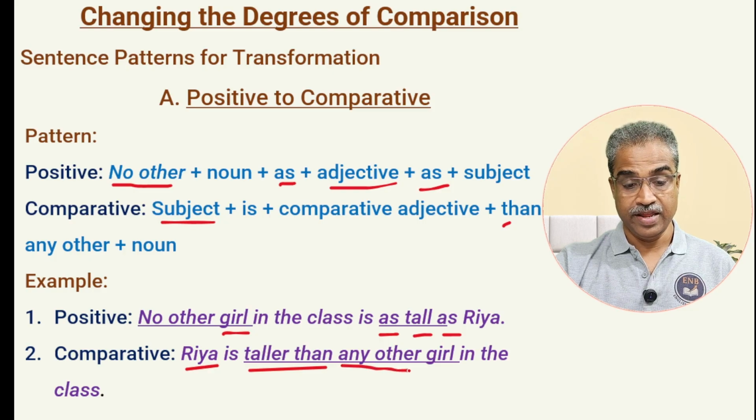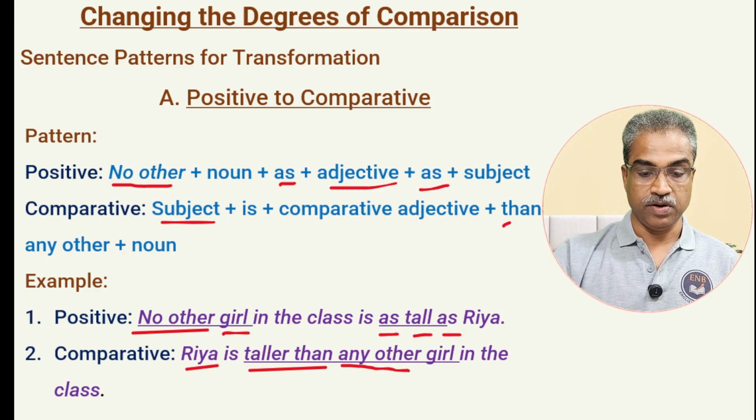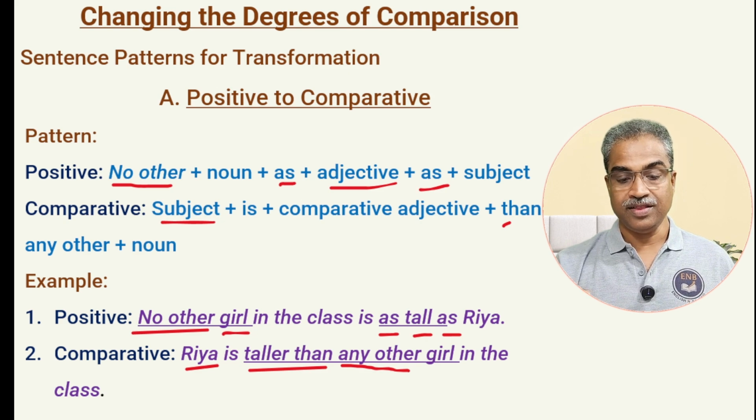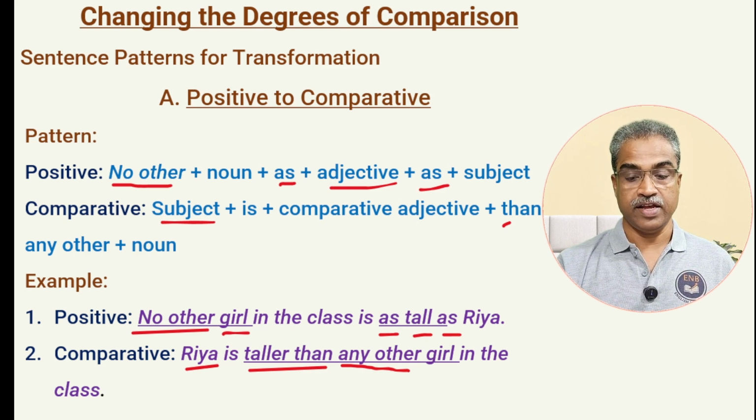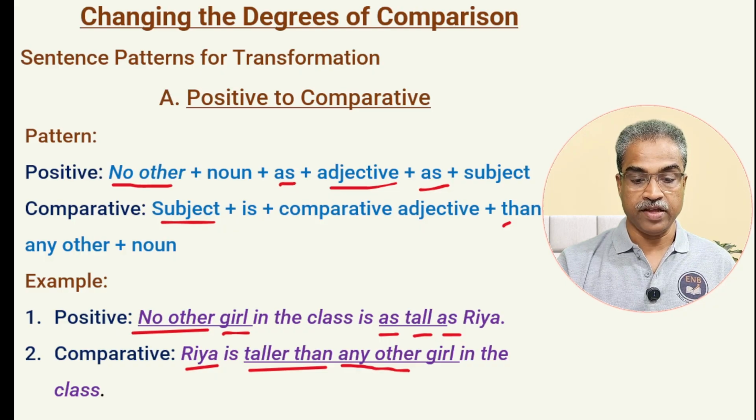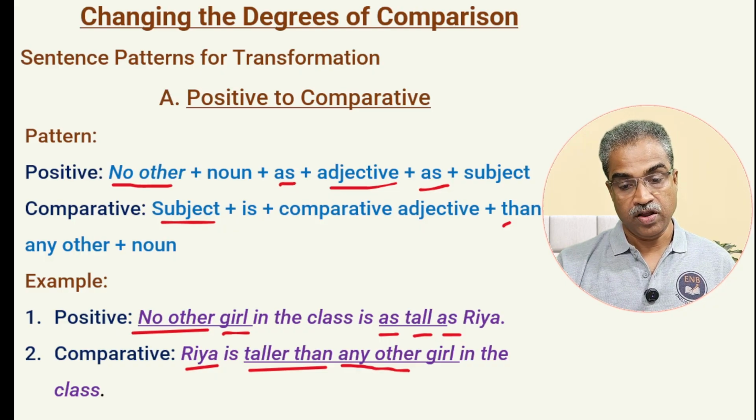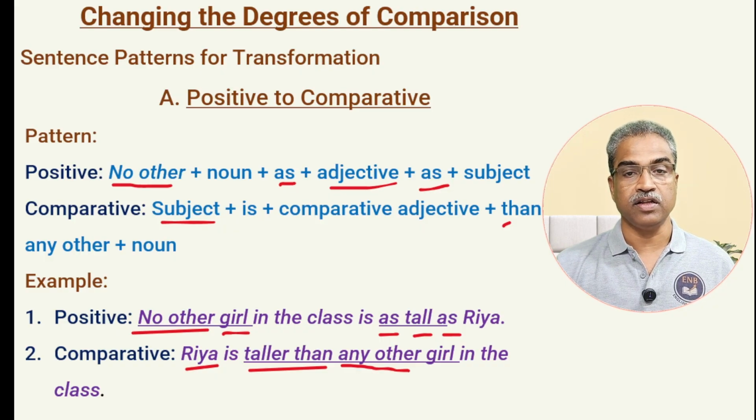In the positive, it is no other, starting, any other girl, not girls, it is in the singular, girl in the class. Now if you see this one, no other girl in the class is as tall as Ria is the same as Ria is taller than any other girl in the class.